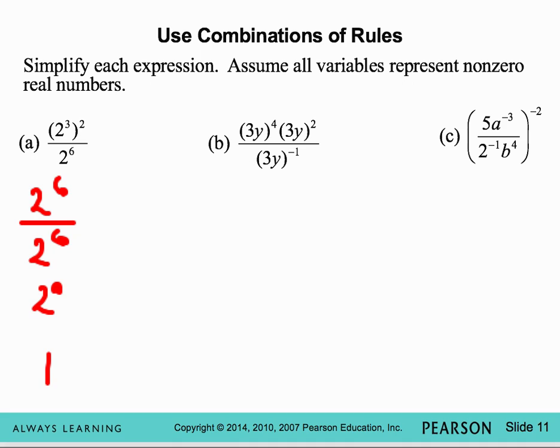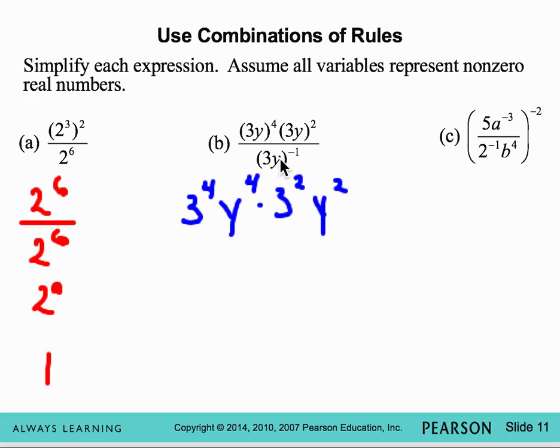Okay, let's get rid of parentheses. So don't forget that 3 gets that exponent of 4 also. 3 to the 4th, y to the 4th, times 3 squared y squared.